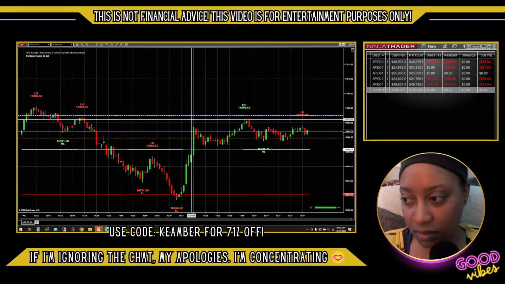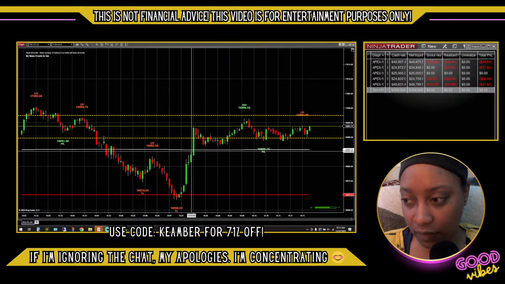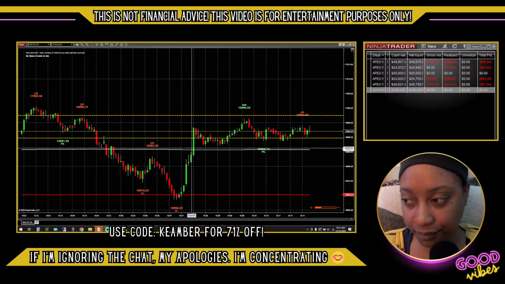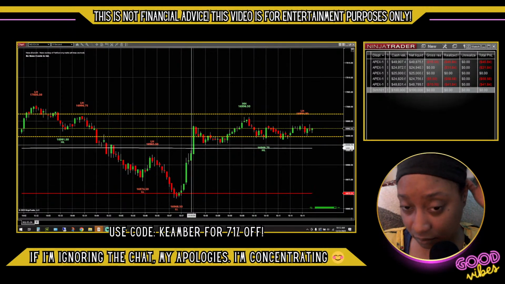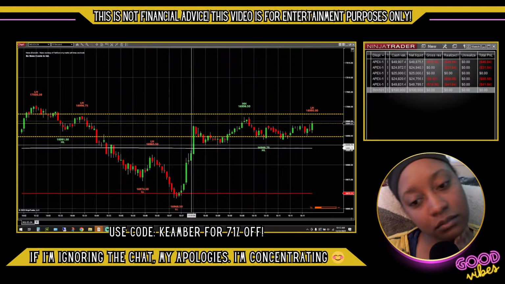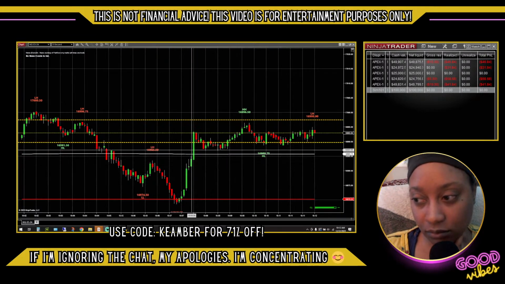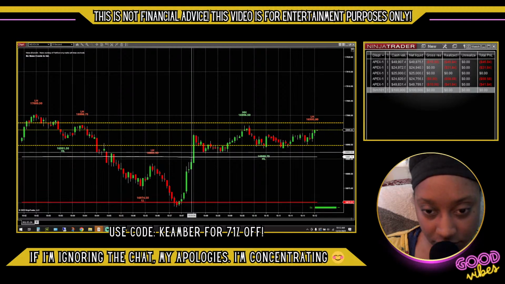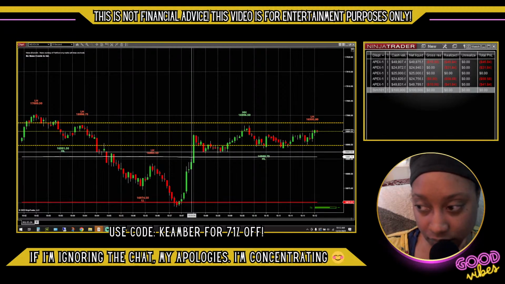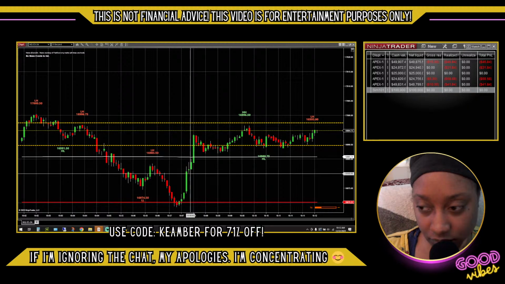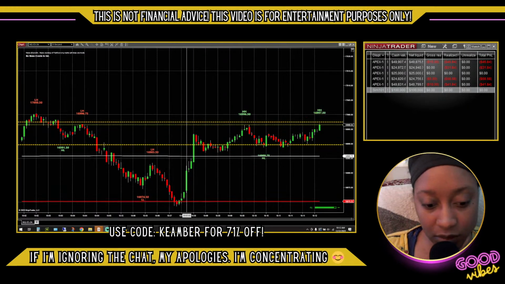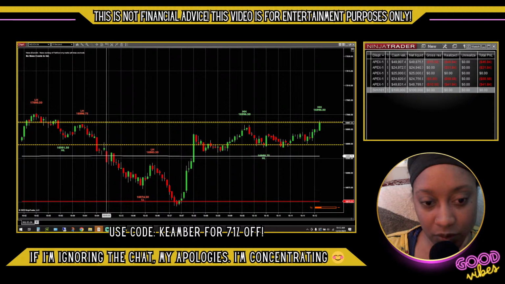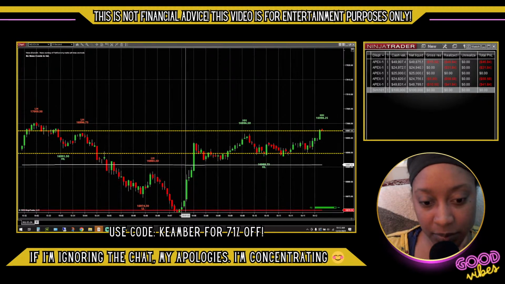It's just all this consolidation between these levels right here. Looks like the mid VWAP is trying to hold it above and possibly push things back up.